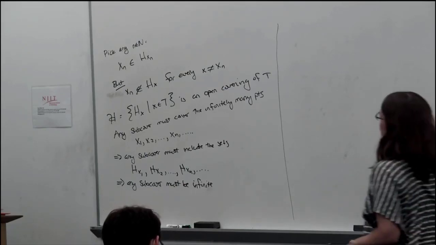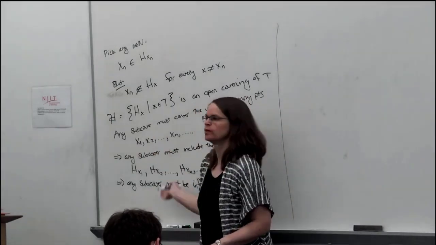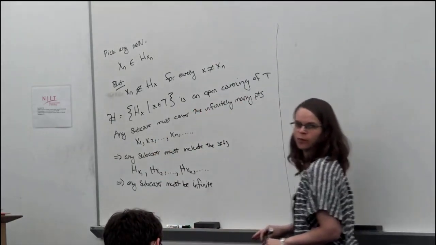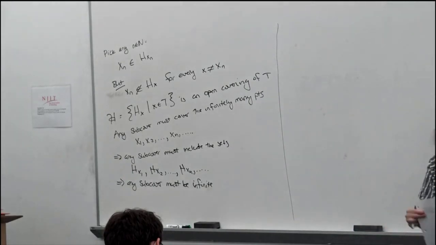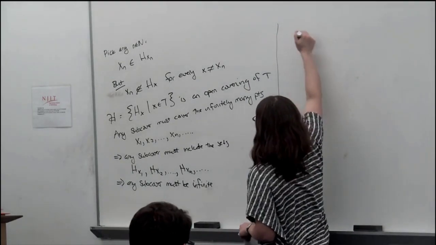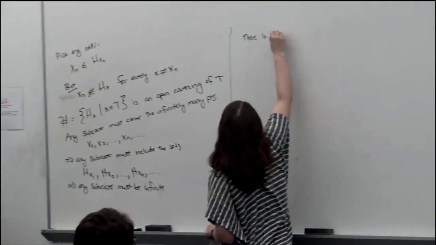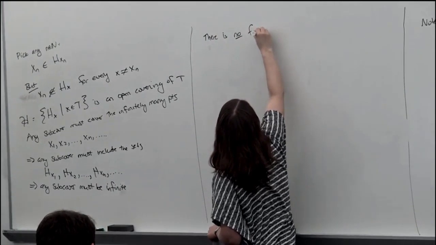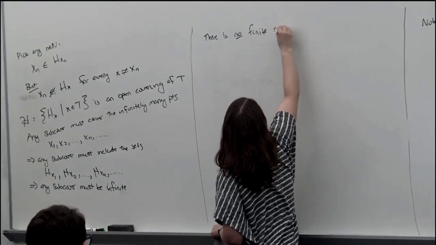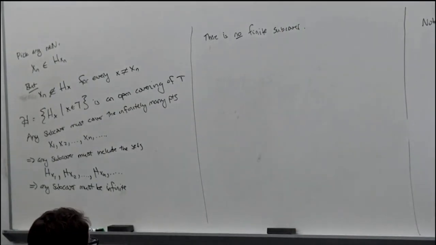If we decide to look at any finite collection of these, we're going to be throwing out some of the points in our sequence. And we're not allowed to do that. A cover has to cover everything. So we conclude that there is simply no finite subcover out there. So T doesn't satisfy the Heine-Borel property, which is how we define compactness. T is not compact.